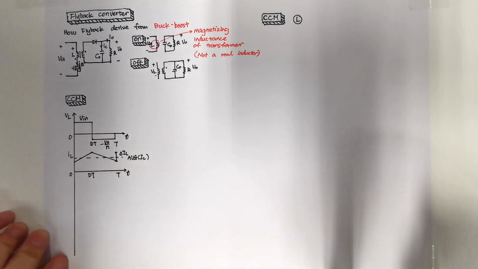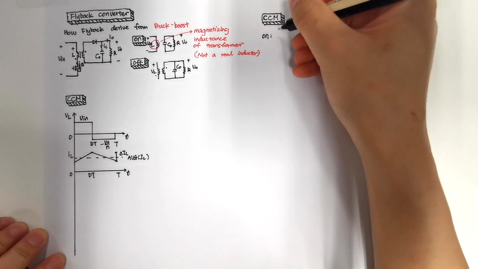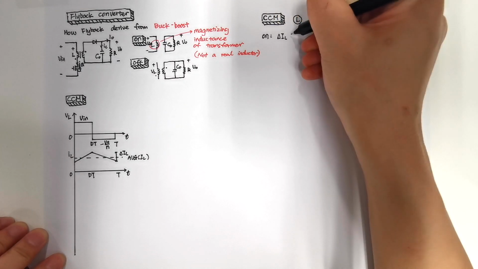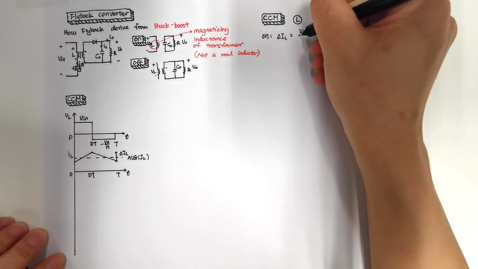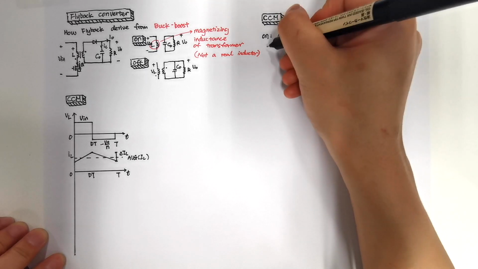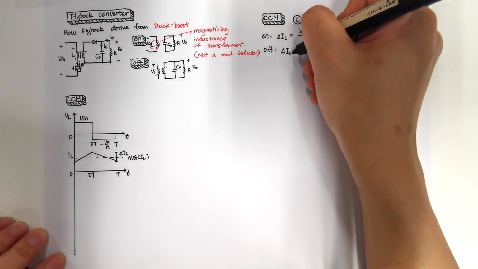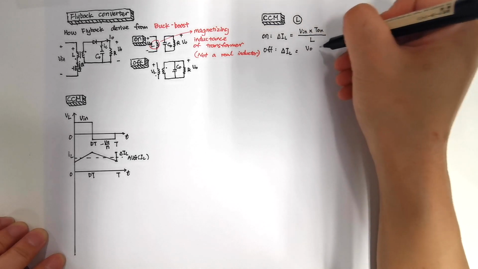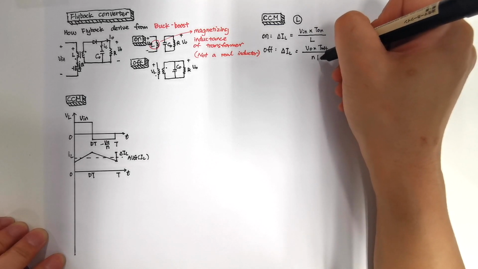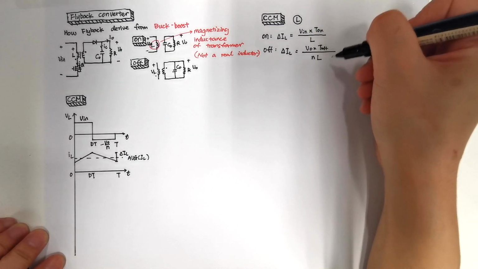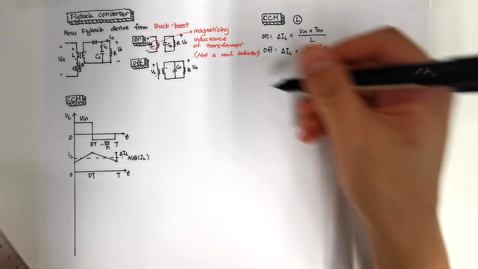Using those values, we can easily get our on-state equation: delta IL equals Vin times Ton divided by L, and our off-state equation: delta IL equals Vout times Toff divided by NL. By using these two equations, we get the same results as the buck-boost converter.